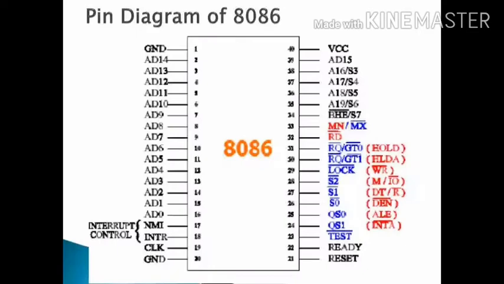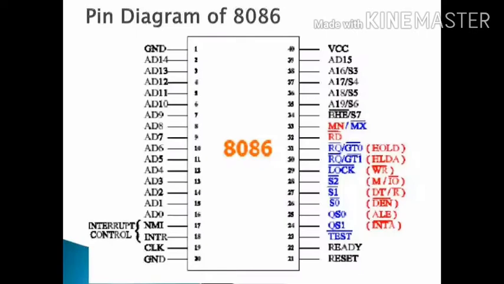So it will acknowledge the given interrupt by executing the given instruction, and in response to this the interrupt acknowledge will be given.